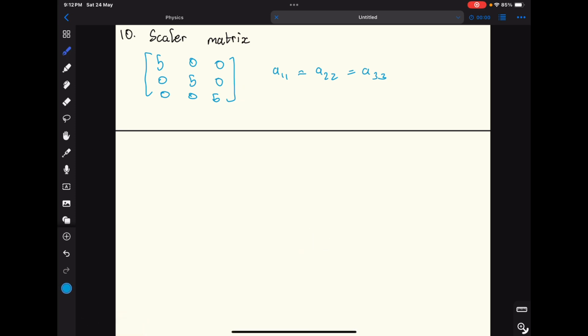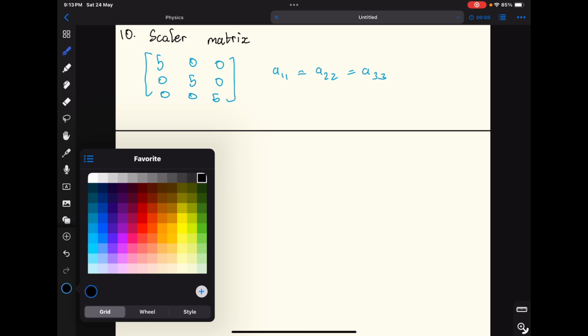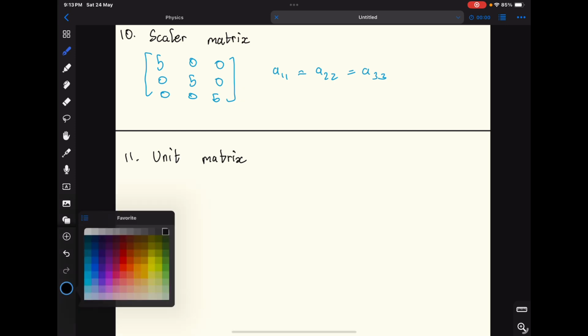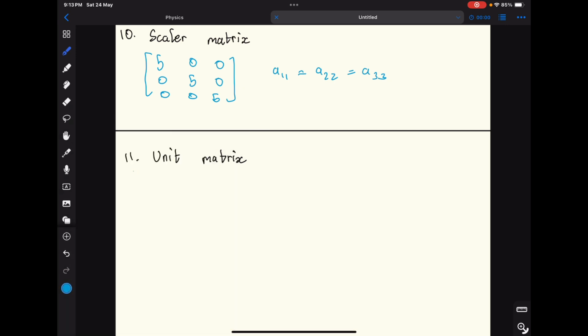Both are the same. What is a unit matrix? Let's see the example. With an example you can understand in 1 minute. For example, we have 1 0 0 1.